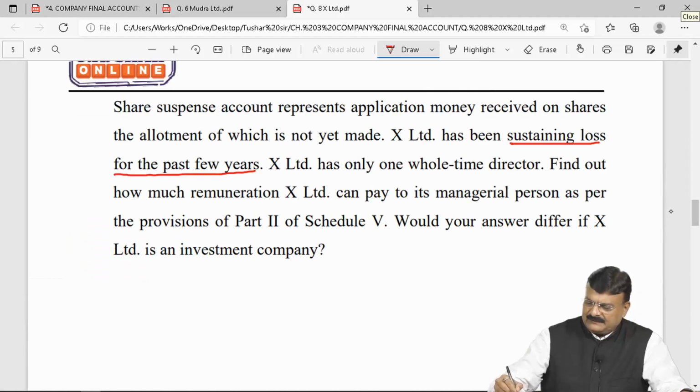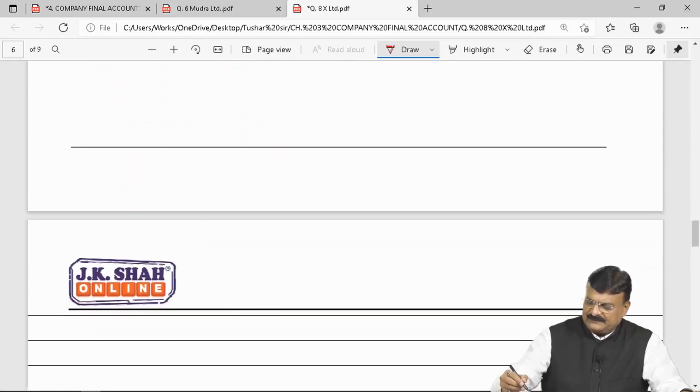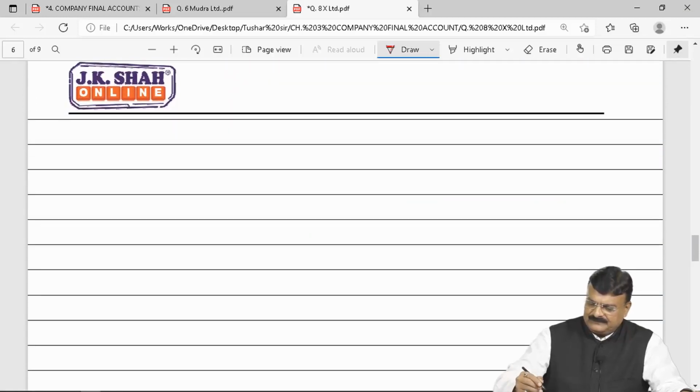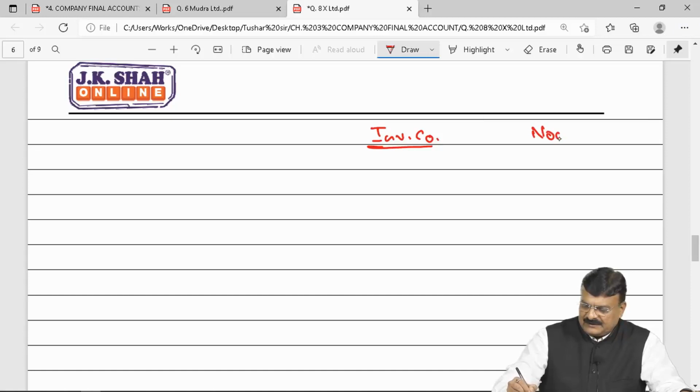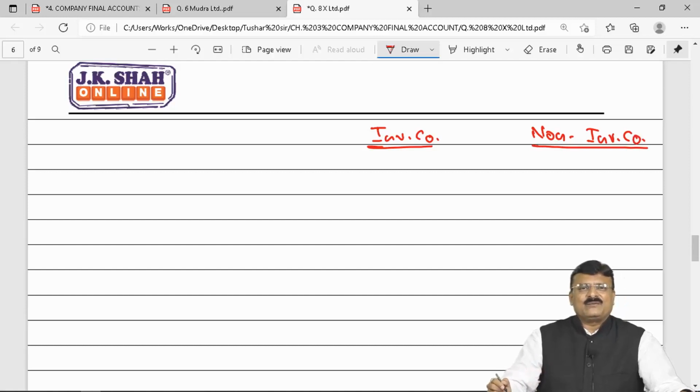You already wrote above what is to be added, what is to be deducted. Only care to be taken is for an investment company, that investment of 75 lakhs will not be deducted. For a non-investment company, it will be deducted.